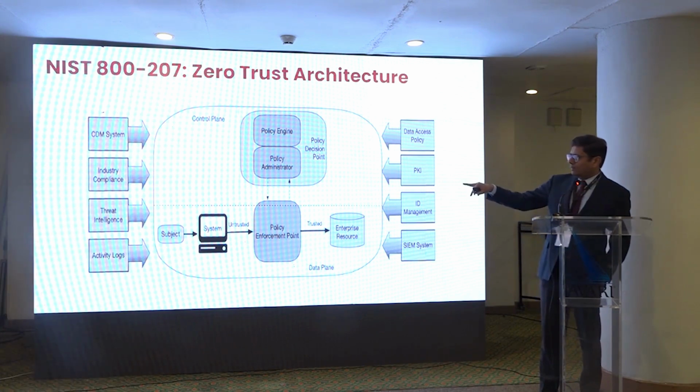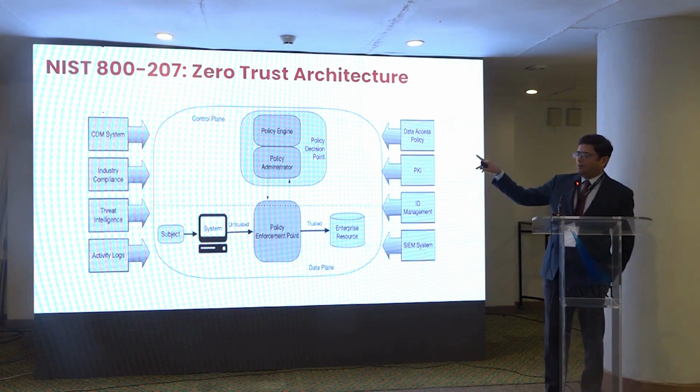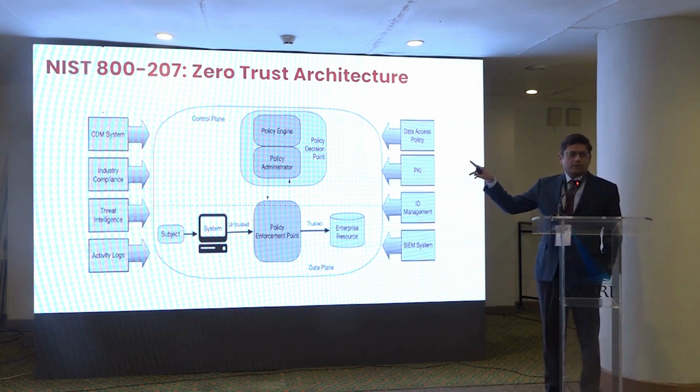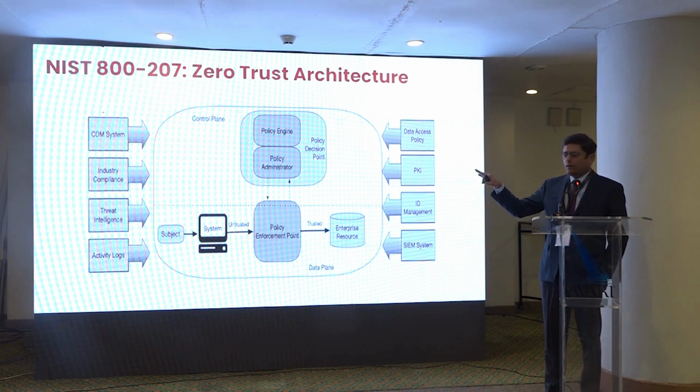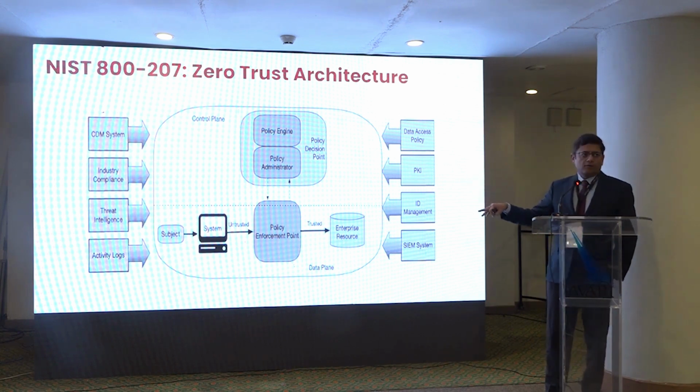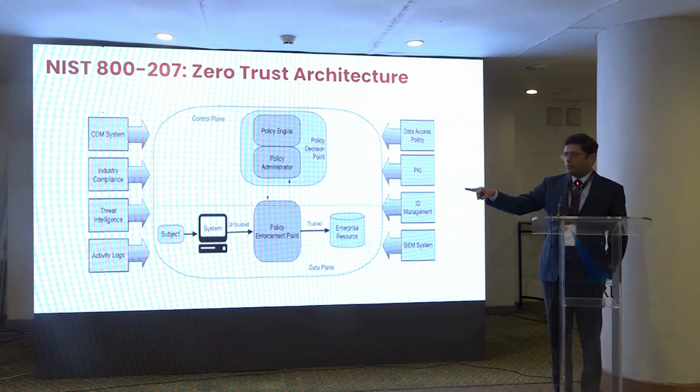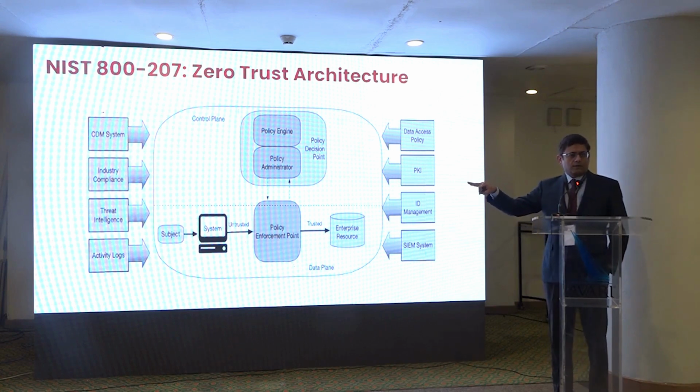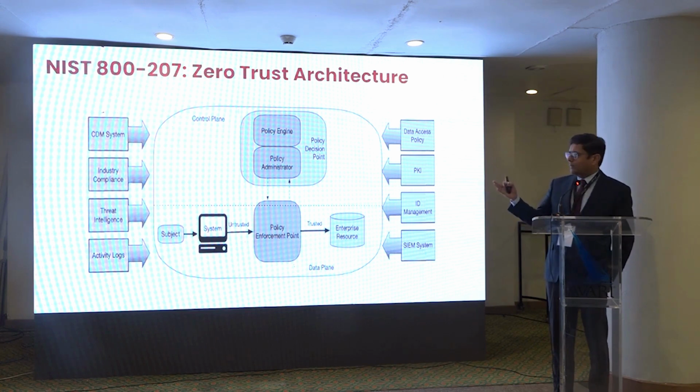And only when the subject is authenticated by the policy decision point and its entitlements are determined, only then the policy enforcement point is instructed to let the subject access the resource. So that is at the initial access time, but subsequently as well.